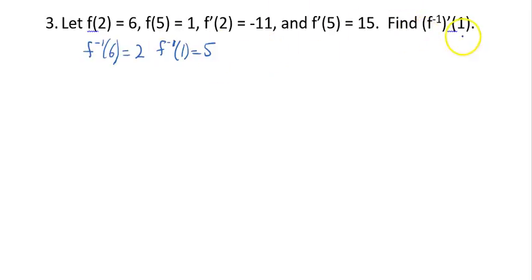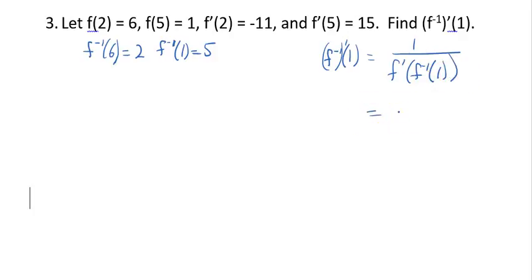So I come over and I'm looking for f inverse prime of 1. So f inverse prime of 1 will be 1 over f prime of f inverse of 1. And so, again, working from the inside out, the first thing I'm looking for is f inverse of 1.